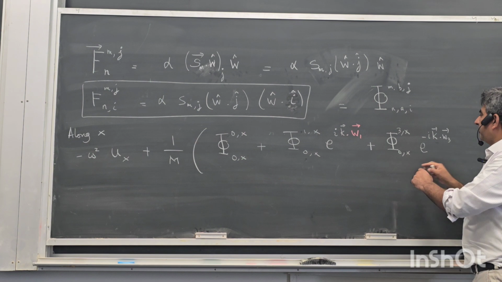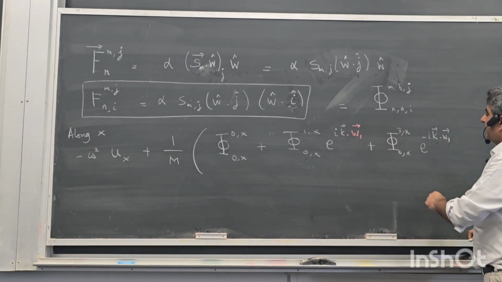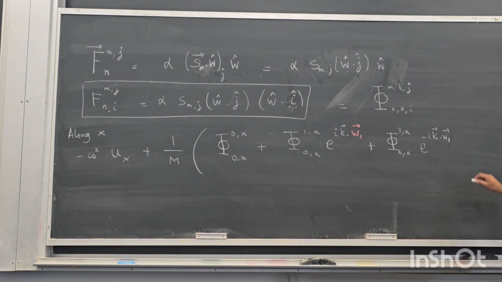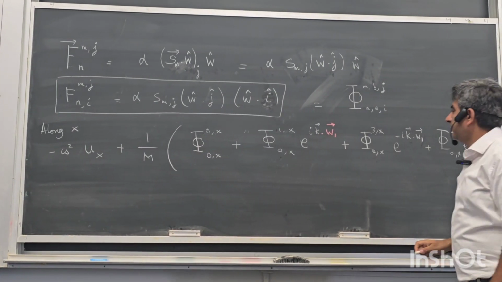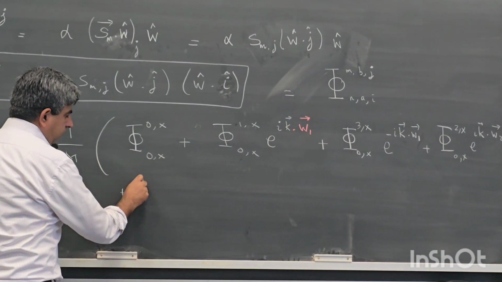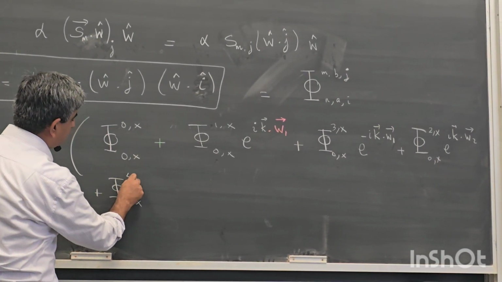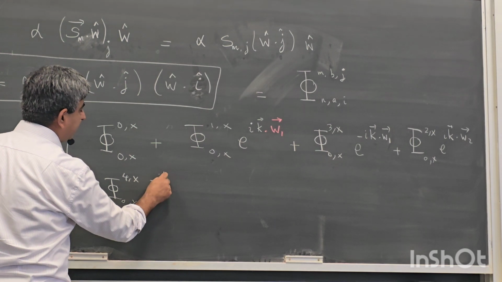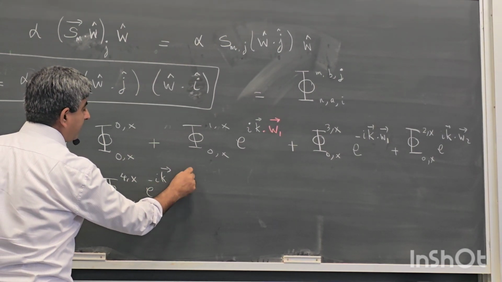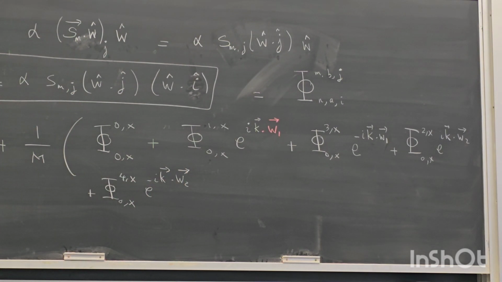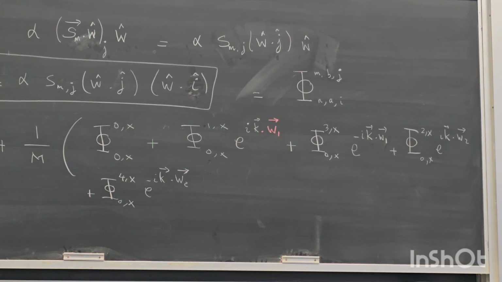So this is the difference, for 0 and 3, W3, which is minus W1, plus phi 0x 2x e^(ik·W2) plus phi 0x, and then I have 4 comma x e^(-ik·W2). So I've taken into account all interactions between nearest neighbor atoms.